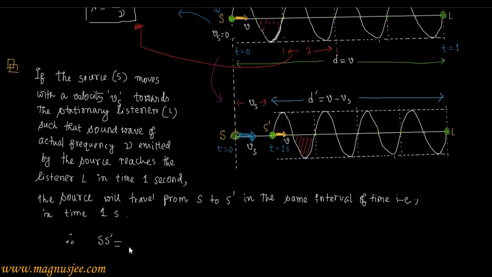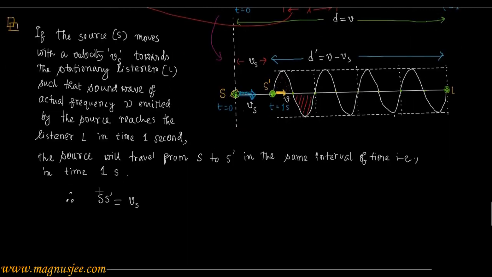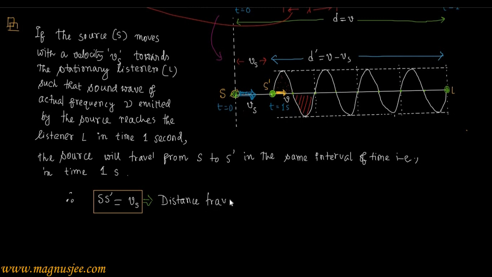Therefore, the distance traveled by the source of sound, that is S S prime, will be equal to vs. This is the distance traveled by the source of sound S from the position S to S prime in the interval of time 1 second.